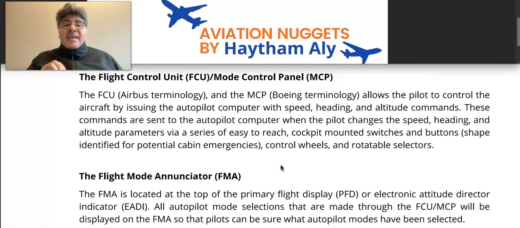Actually, the FMA in Airbus terminology contains 5 columns, or in Boeing maybe 3 columns. And you need to remember, if you need to establish an auto land, the aircraft must have a 3-axis autopilot system, and the radio altimeter must be good. Also the ILS system.